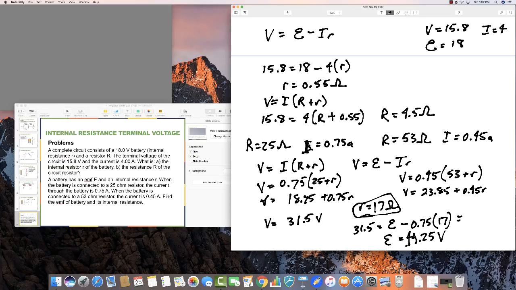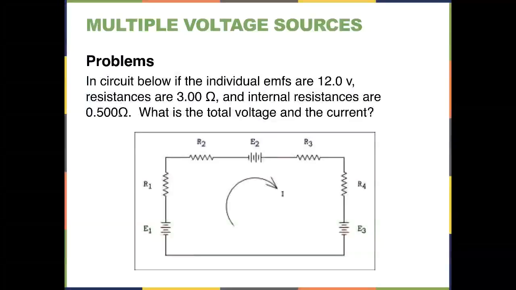Now you would predict with this kind of internal resistance that you might see quite a bit more. So let's look at this problem. This problem says you have a circuit shown below in which the EMF of each of these is 12 volts. The internal resistance is 0.5, so that's for each of these 3 batteries.